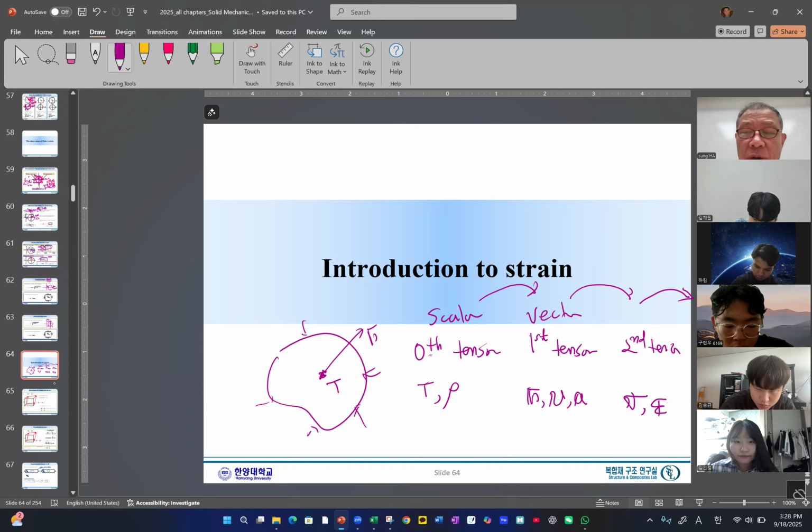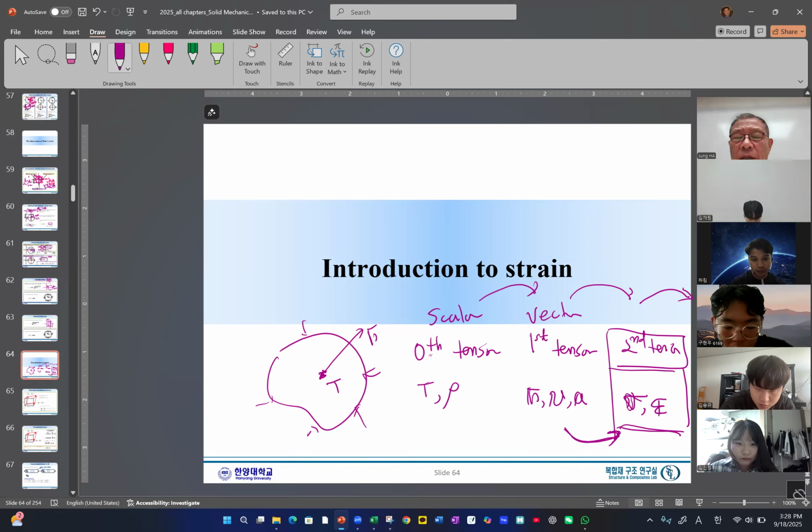So don't worry too much. It's a little bit complicated to understand the second order tensor or stress, which we try to plot using the circle. Well, originally those are obtained from force equilibrium, but we try to plot them using the circle, Mohr circle.